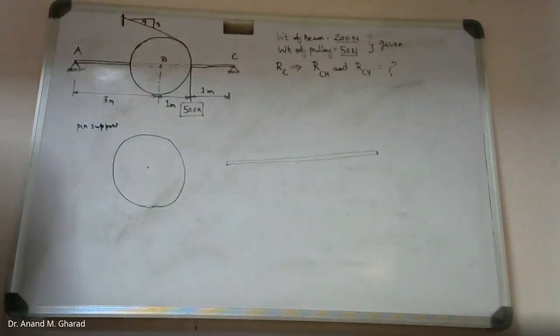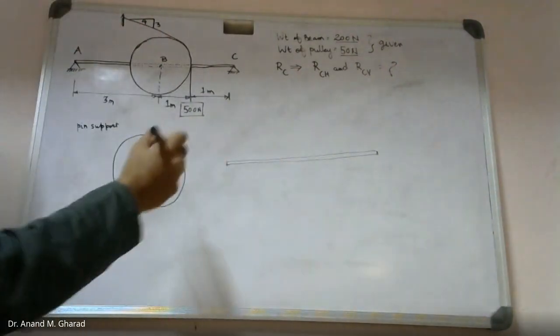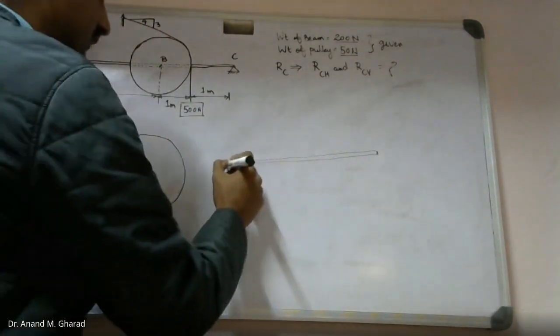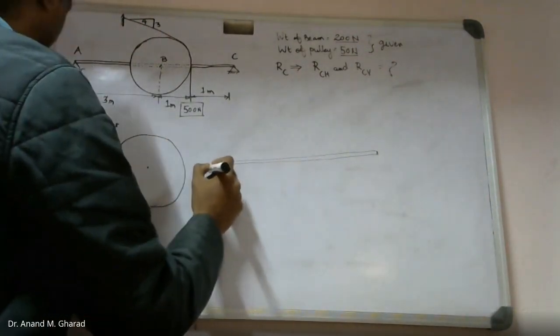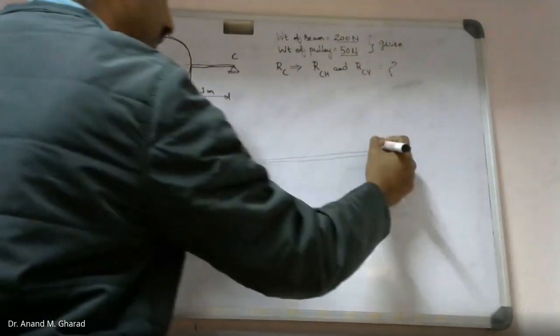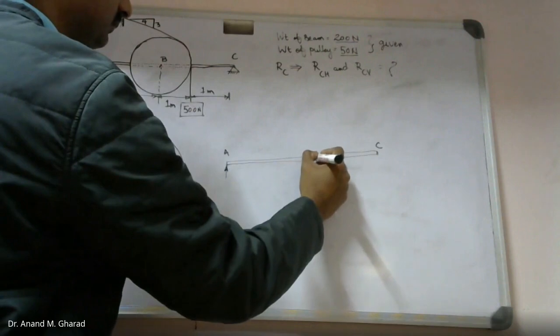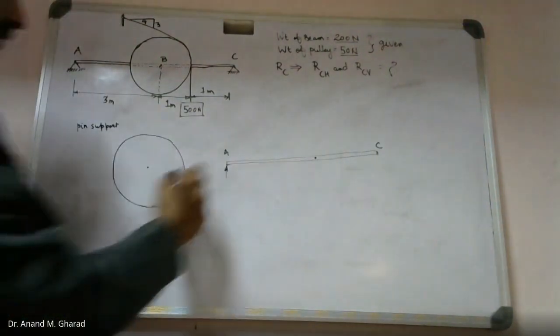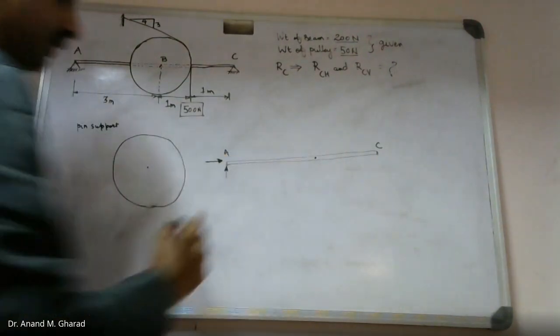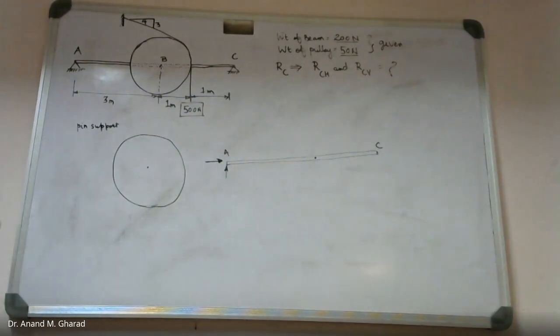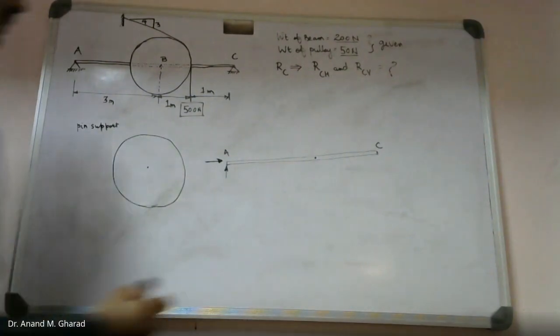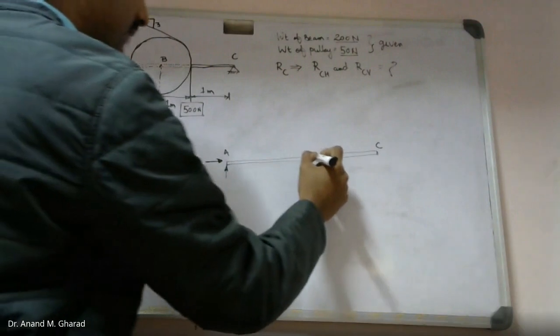So what I will do, I will separate this pulley and I will separate the beam. Fine. I will try to draw the forces which are available on this beam firstly. So at point A and point C and even at point B, I will be drawing the necessary forces, those may be available on all these locations.